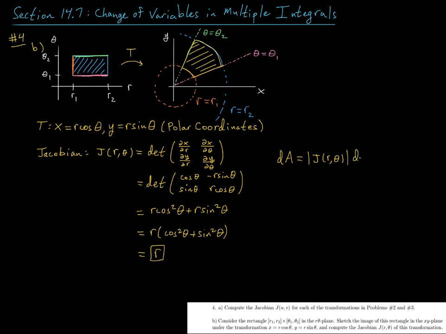So in other words, times dr d theta. Well, that then implies that the differential area element dx dy is equal to r dr d theta. And that, of course, is a very familiar result to us. All right, so this is a nice connection to something that we've already seen.